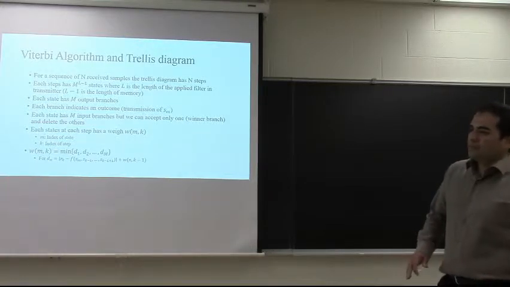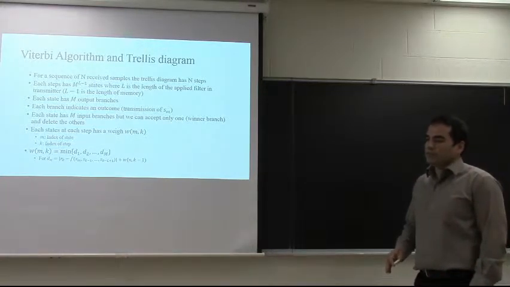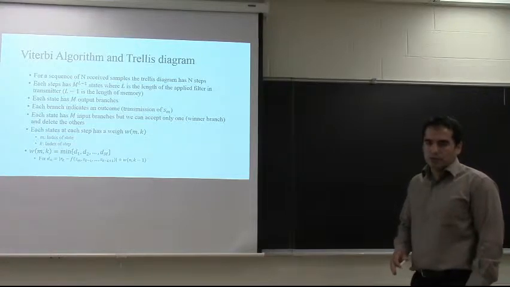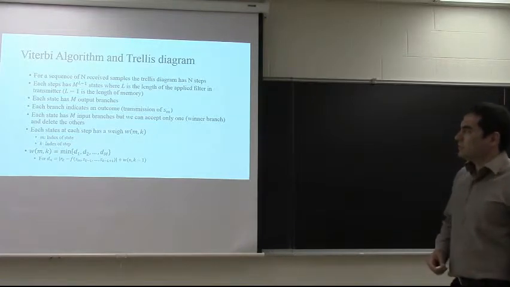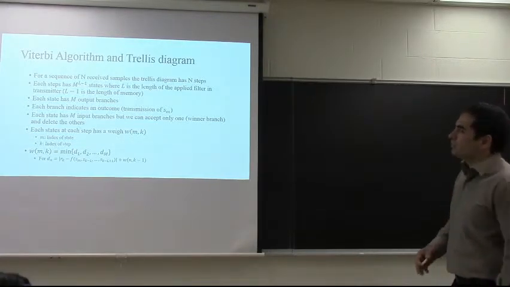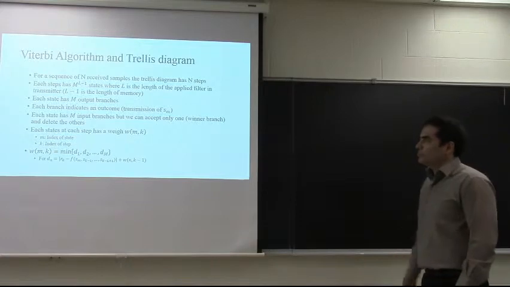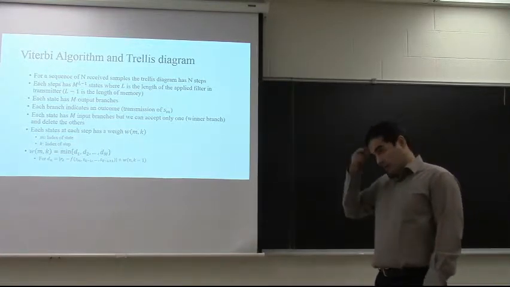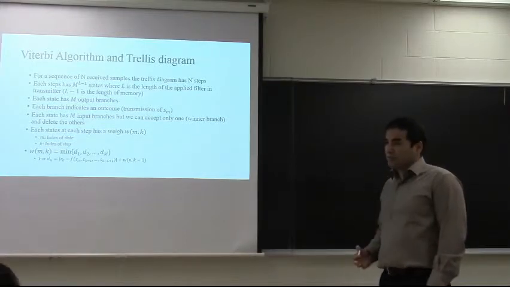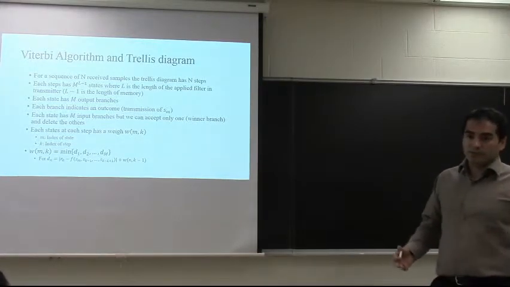We have solved an example actually with 2 taps of filter, and we saw that the number of states per step was 2 to the power 2 minus 1, which is 2. One of the most important problems with the CPM signal is that the length of the filter that we have applied is infinite.